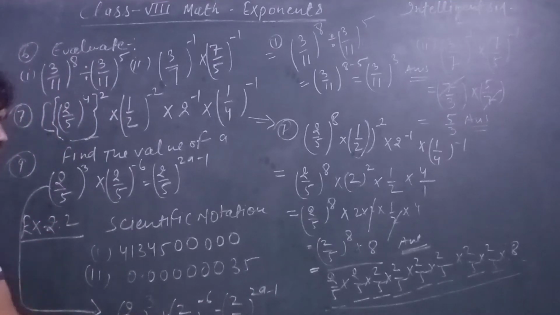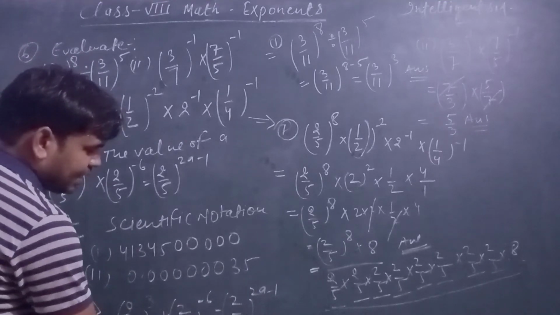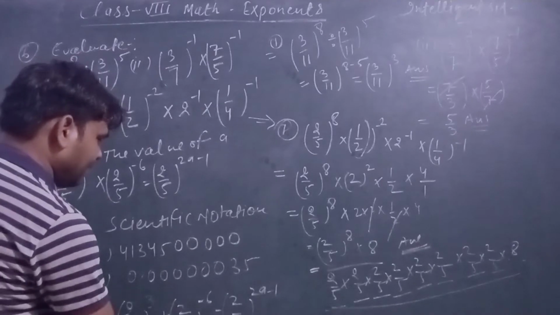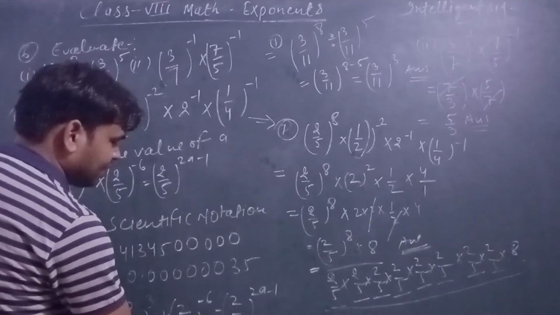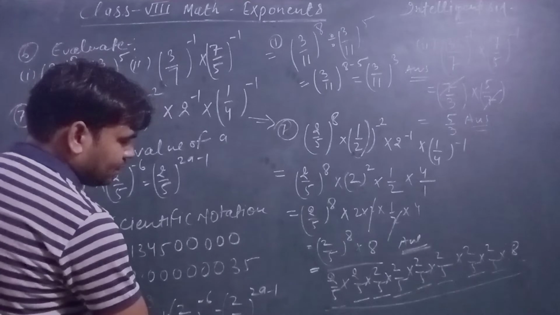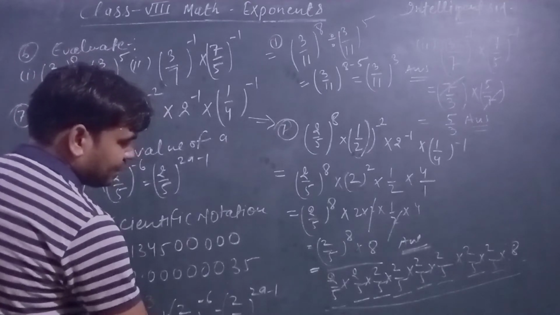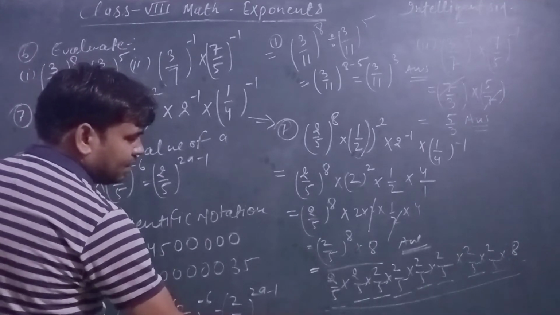Here we can take only the powers, so we can write 3 minus 6 equal to 2a minus 1 in the power of 2/5.